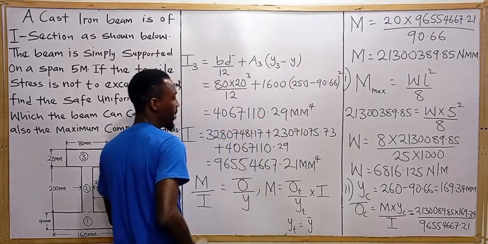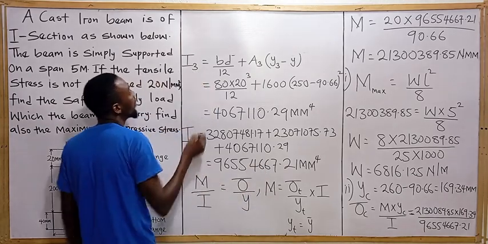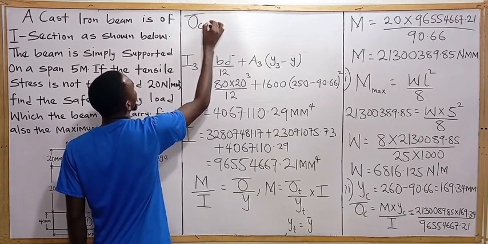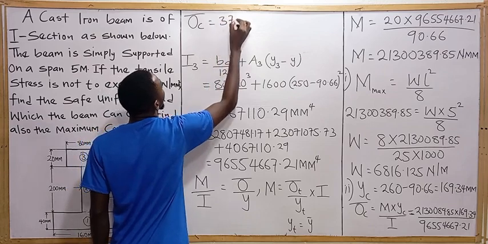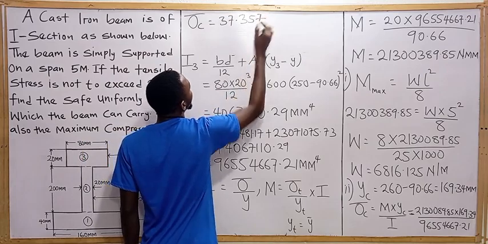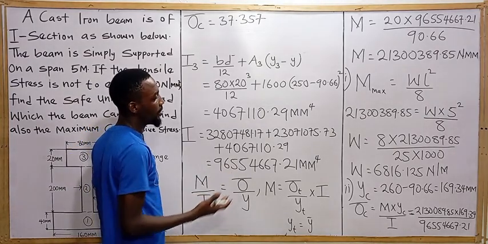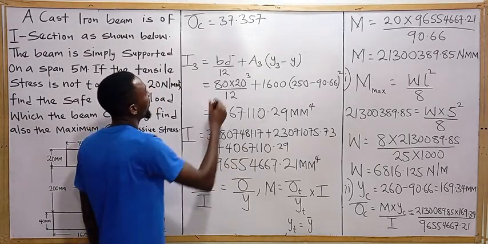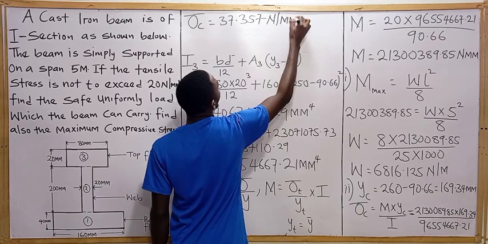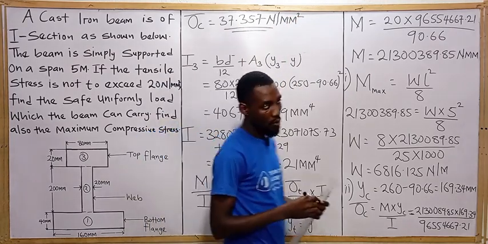Our final answer is going to be 37.357. So what will be our unit? Our unit is going to be Newton per mm square. So this is the solution to the above question.